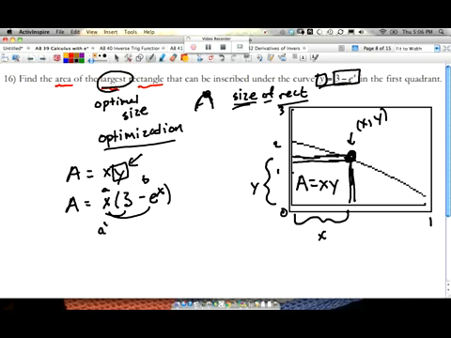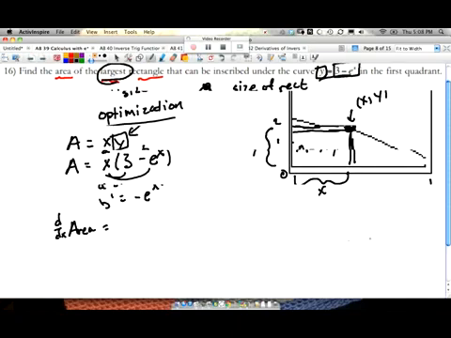Well, let's do that then. So I see a product rule, a and b, so I need to find a prime, that's just 1. And b prime is going to be the derivative of 3 minus e to the x, which is really minus e to the x, because it's negative 1 times e to the x. We take the derivative. Okay, so the derivative of the area is a b prime plus b a prime.